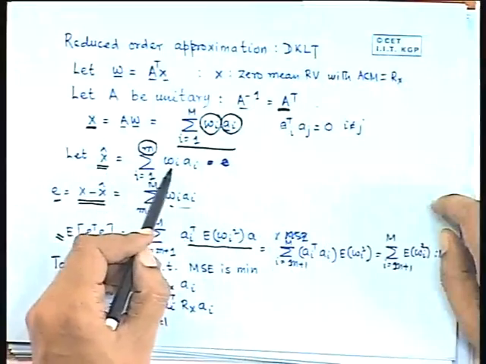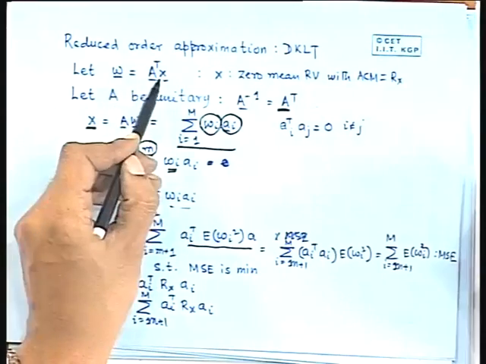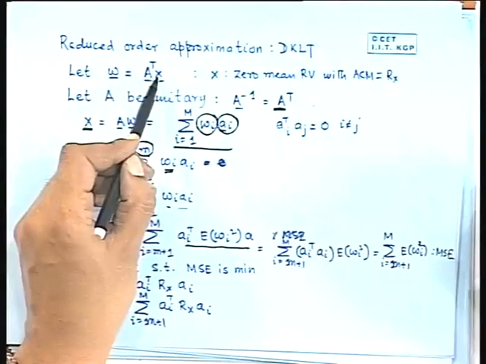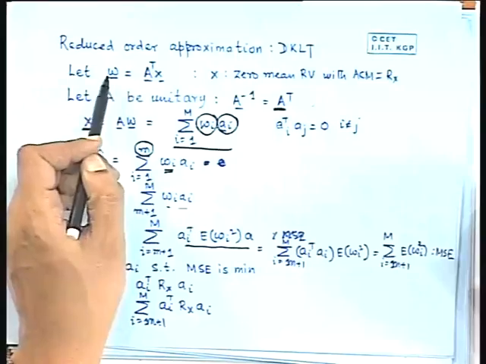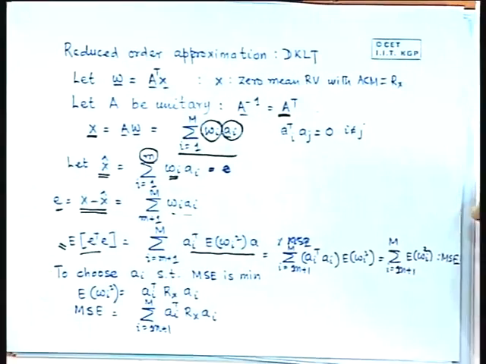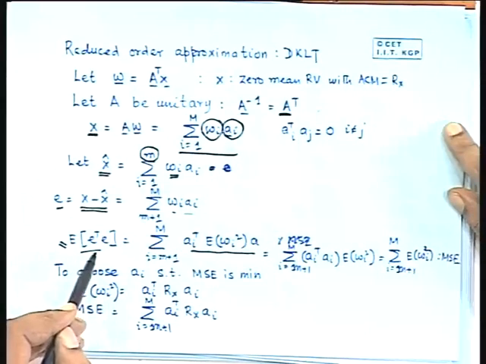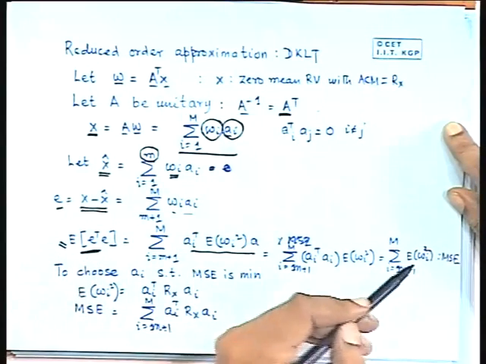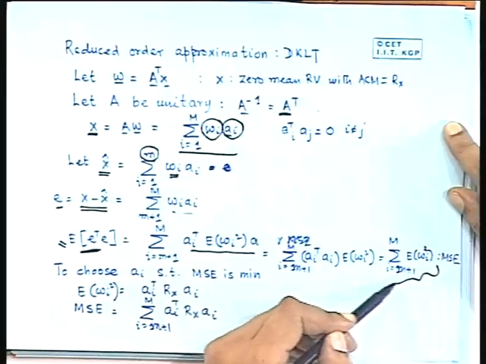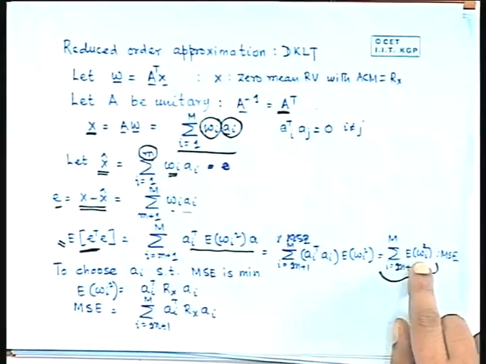I am doing this because I can get these w_i's very easily: if W equals A transpose X, then X will be equal to AW because A transpose A is I. So just by transposing I can do it. Now it turns out that the expectation of E transpose E becomes this, that is, the error is actually the power of those components which I did not send.